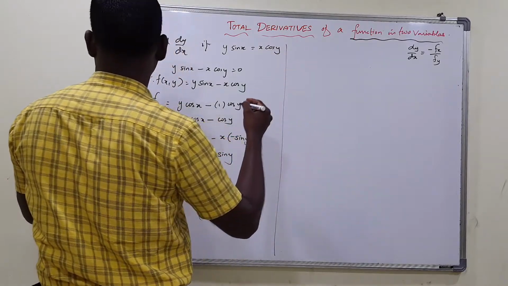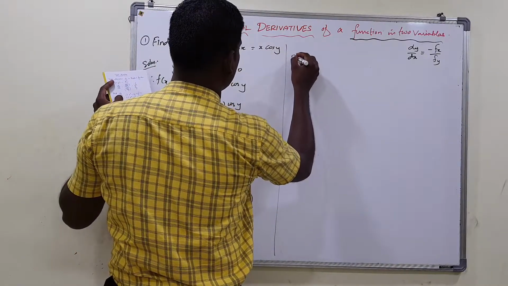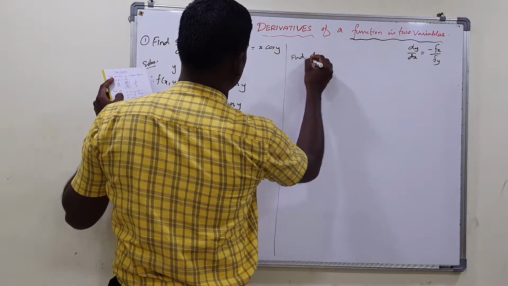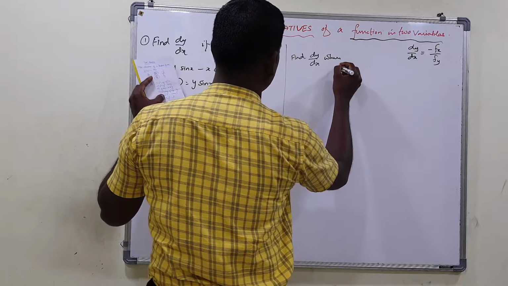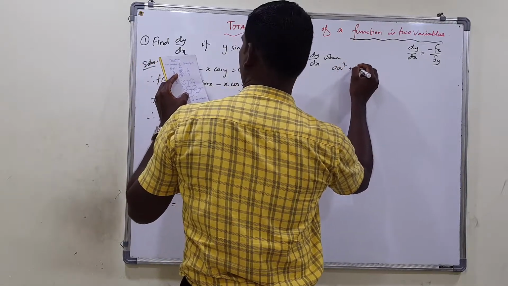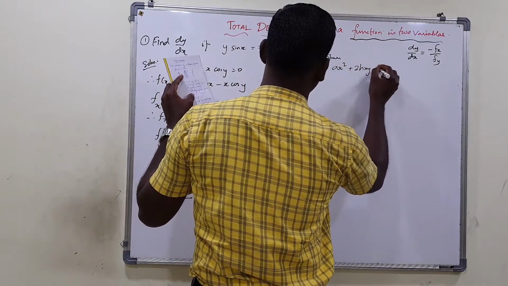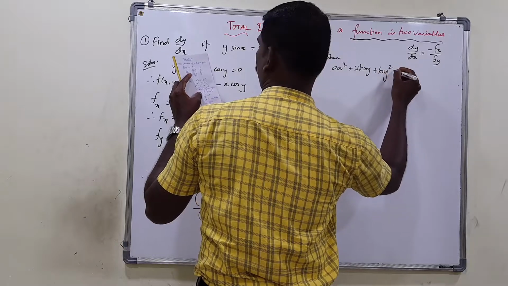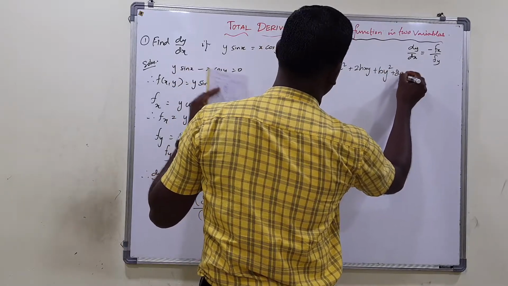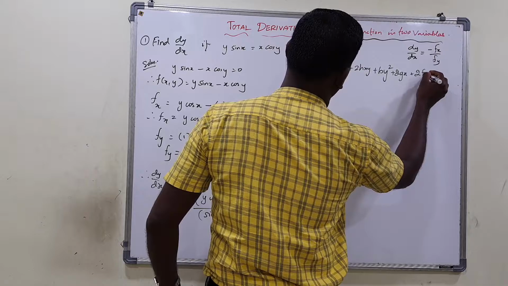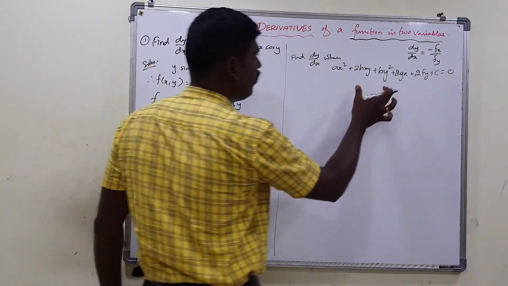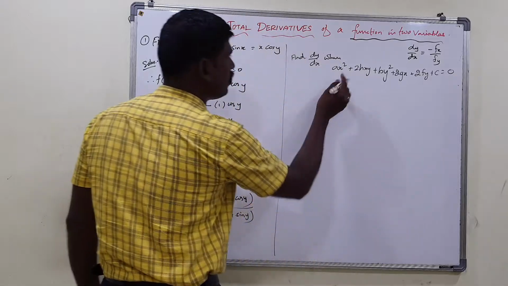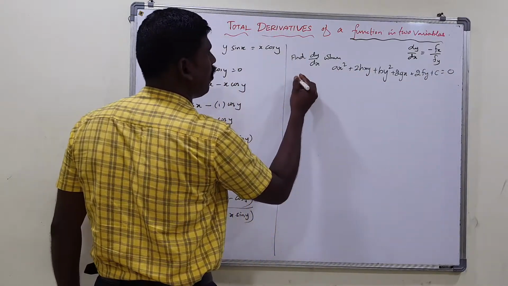Next one. Find dy by dx where ax square plus 2hxy plus b y square plus 2gx plus 2fy plus c equal to 0. Already in the given implicit function the right hand side is 0, so we take this as f of x comma y.